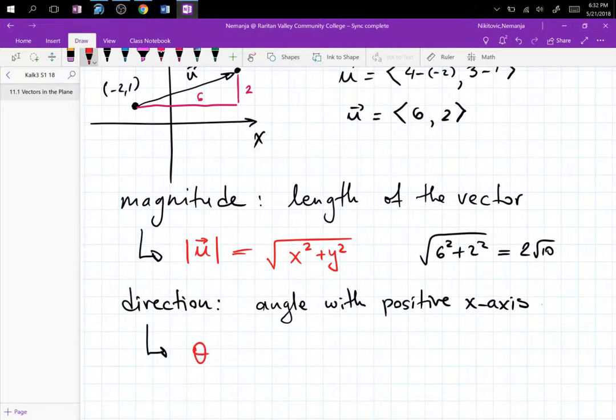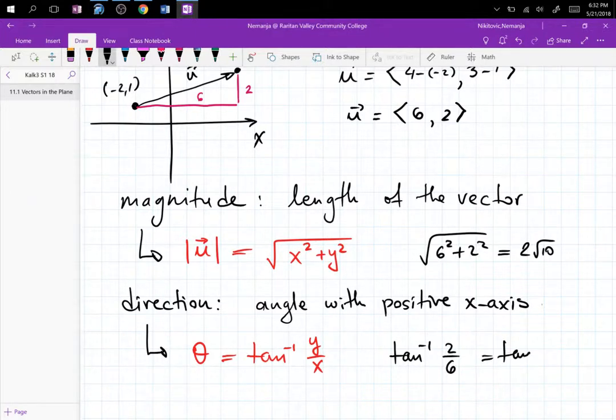If you look at the picture above, theta is going to be inverse tangent of y divided by x. So in our case, inverse tangent of y, which is 2, divided by x, which is 6. So inverse tangent of 1/3.